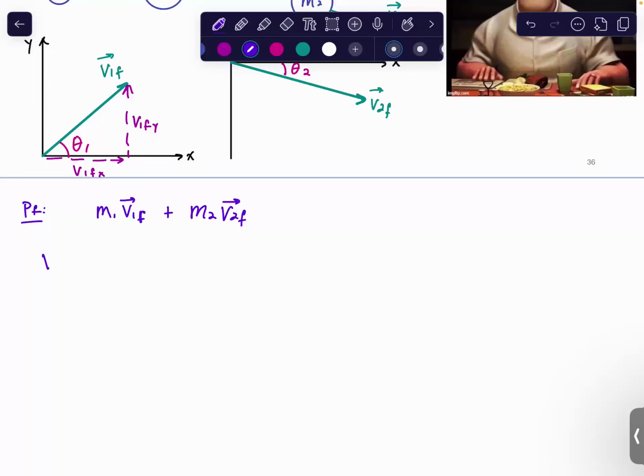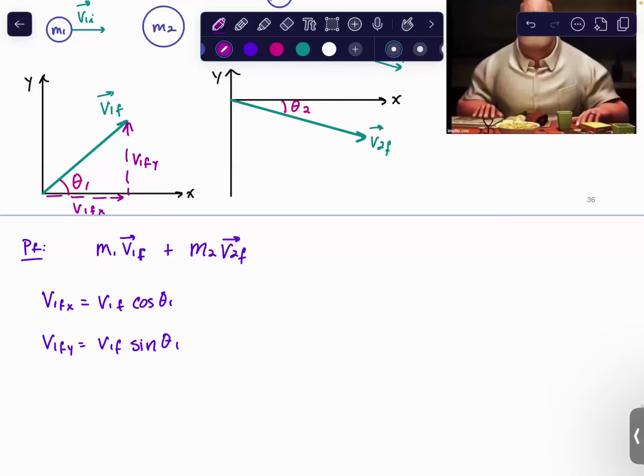So v1 final x is going to be v1 final cosine of theta 1, then the y component, and then also our v2 is going to have its components.